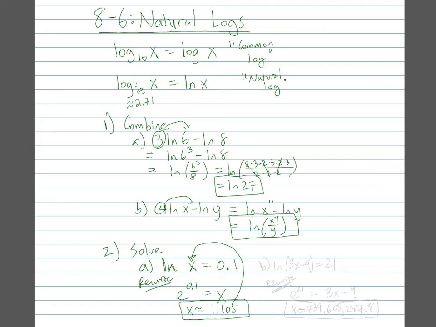Then I just have to go to my calculator. Let's type in 0.1, then push second, and then e to the x, right here. We get our answer, about 1.105.